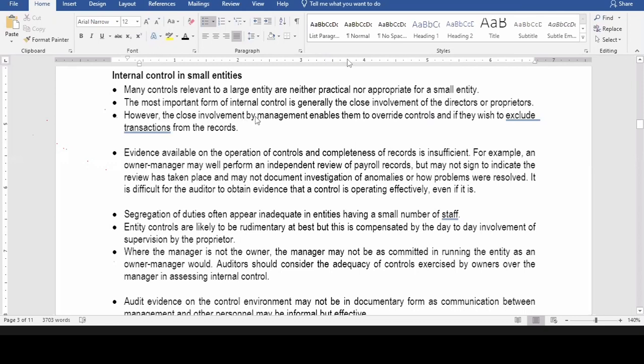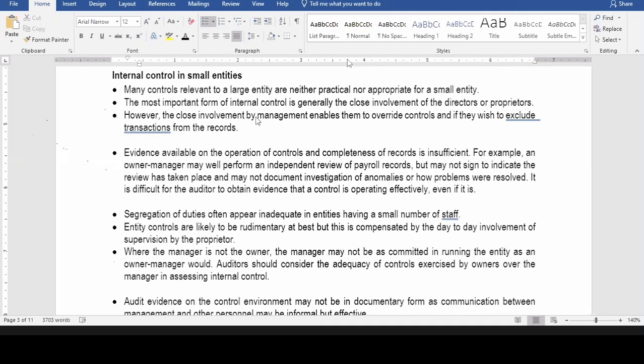So we are saying the close involvement of the owner or management is good, but it can lead to overriding controls.